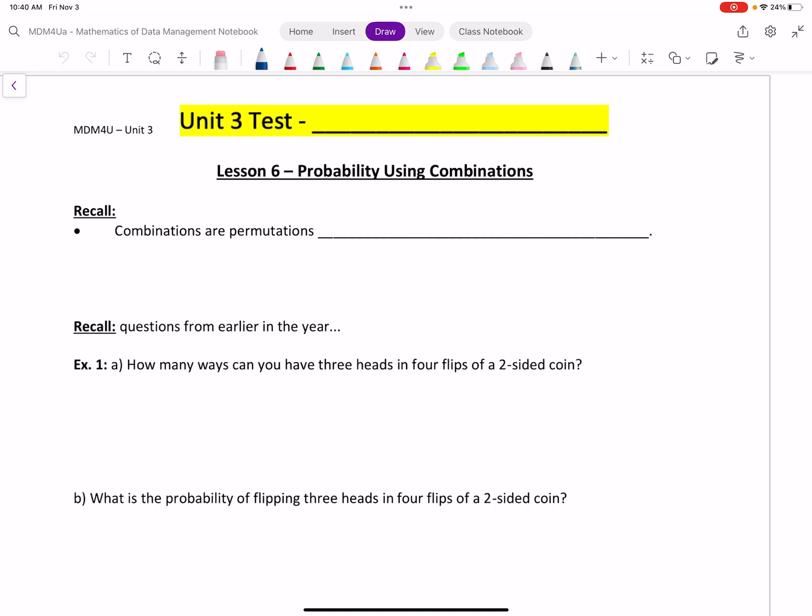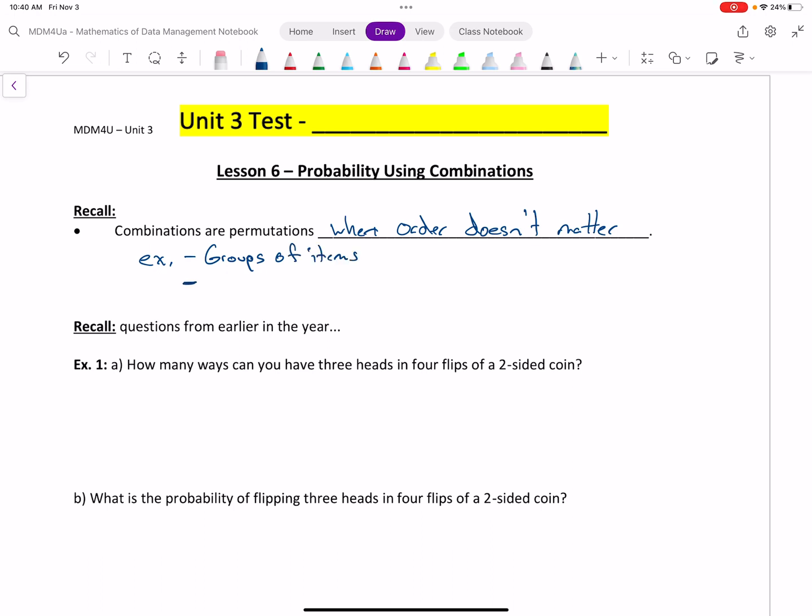Just as a reminder, combinations are the same as permutations, but it's when the order of the situation doesn't matter. So when order does not matter. There are lots of scenarios where that's the case. Almost always it's with groups of items where you don't have any designated place for them.